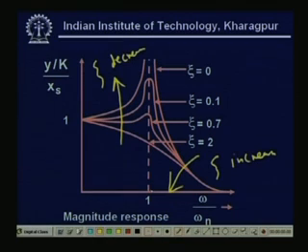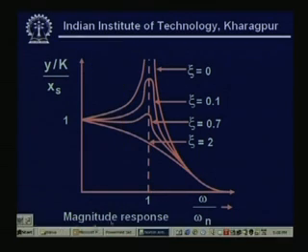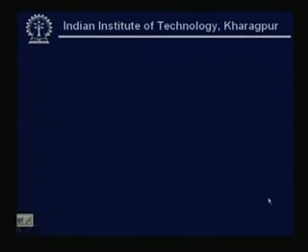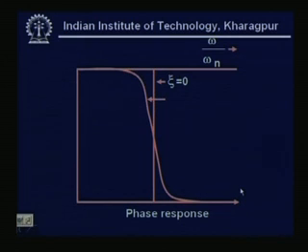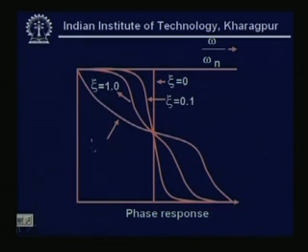I am more interested at omega equal to omega n. Now if I look at the phase response of a second order system for sinusoidal input, let it come, all the animations, it will take some time.